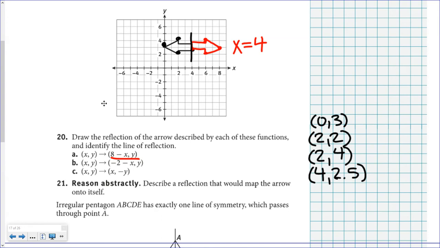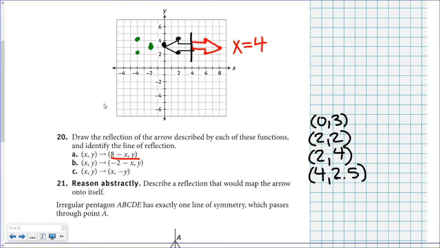For part B, again, use those same points. If you plug in the point 0, 3, you end up with negative 2, 3. If you plug in the point 2, 2, you end up with the point negative 4, 2. If you plug in the point 2, 4, you end up with negative 4, 4.